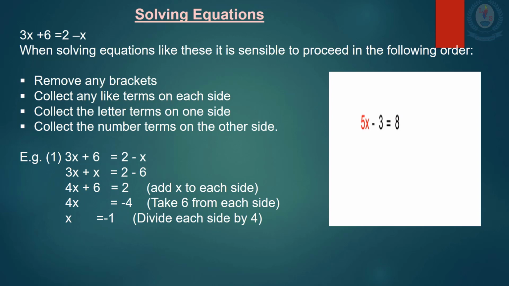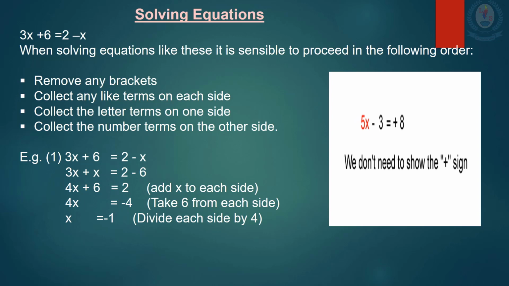The equality will remain true provided that we always do the same thing to both sides. Solving an equation means finding the number that the letter stands for so that the two sides are equal. When solving an equation like this, it is sensible to proceed in the following order.